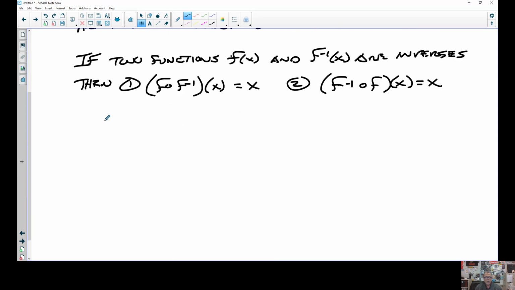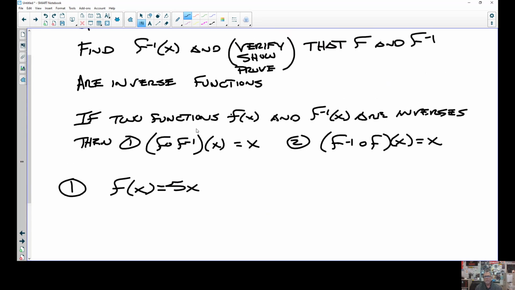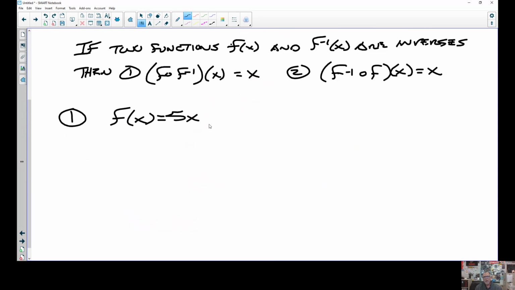So let's start. First step in this is we were given f of x equals 5x plus 3. So what does that mean? I need to start by finding the inverse. So y equals 5x plus 3, x equals 5y plus 3. First two steps of finding the inverse, right? Now I solve.